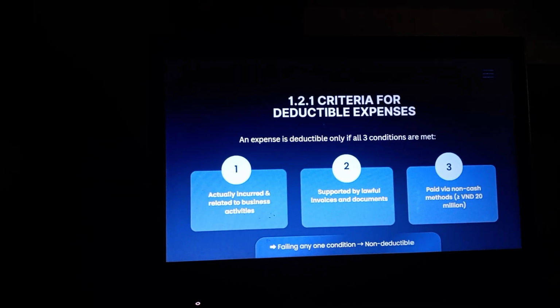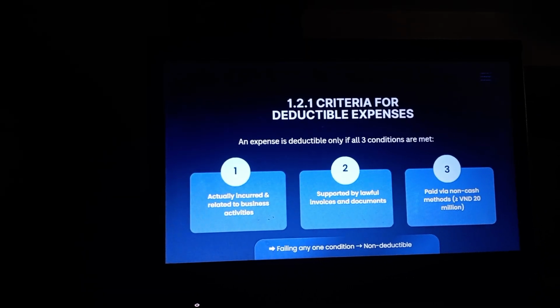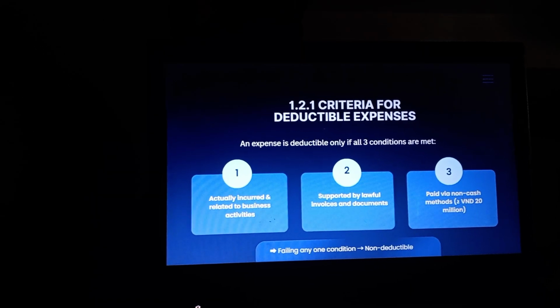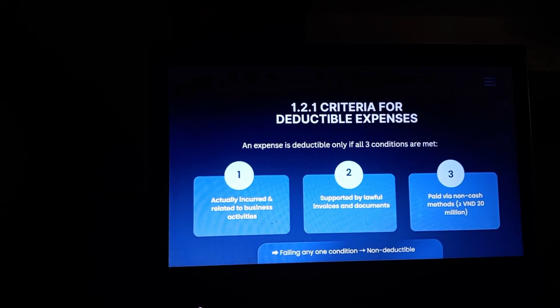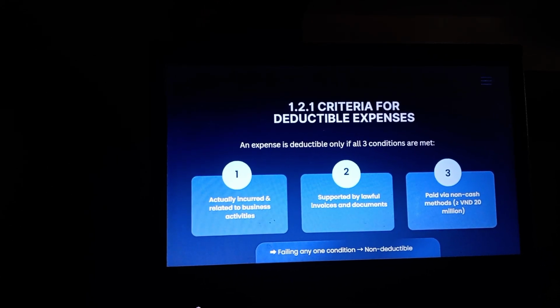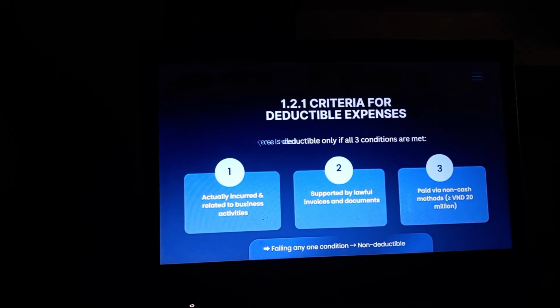About the criteria for deductible expenses. An expense is deductible only if all three conditions are met. Firstly, it is actually incurred and related to business activity.